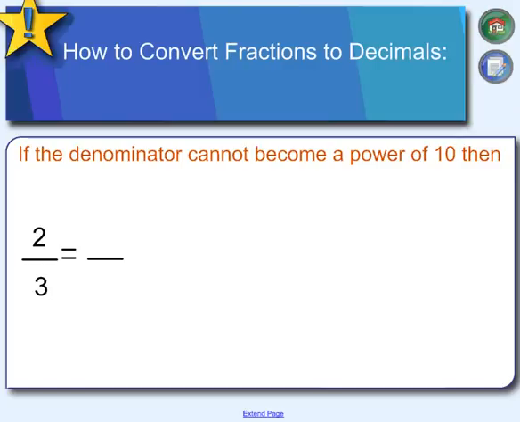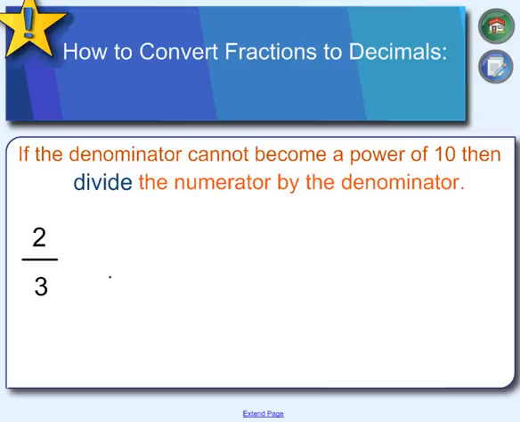All right. Now sometimes the denominator cannot be put into a power of 10. So in this case, there really isn't anything I can multiply 3 by to get 10, 100, 1,000, 10,000. There's nothing that will make this conversion equal. And so in this case, what you do is you divide the numerator by the denominator.